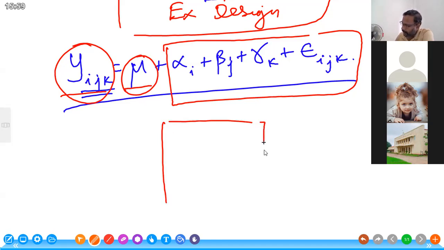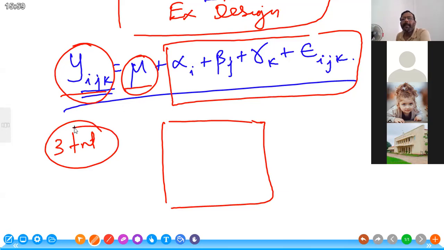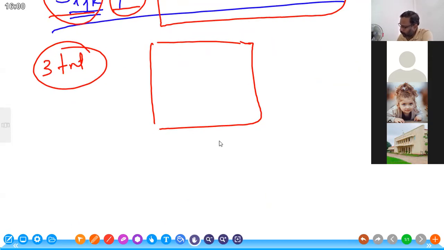In Latin square design, there's a bit of problem. If you have three treatment, we have a bit of problem. What is the problem? Anyone? Latin square usually applied to a situation when you have more than or equal 4 treatment. I will write it other way.